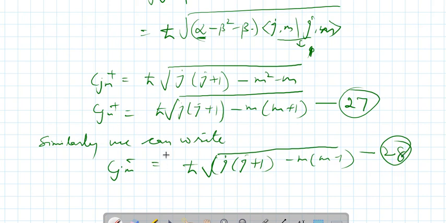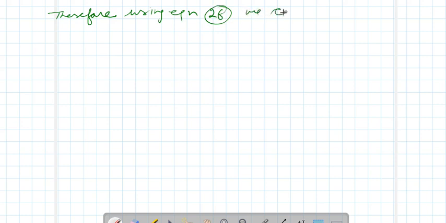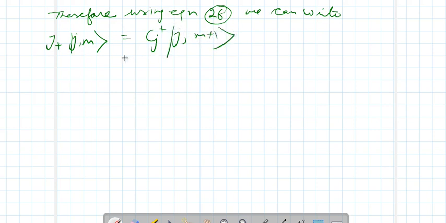Therefore, using equation 26, we can write J plus |j m> is equal to C_j plus |j, m plus 1>.